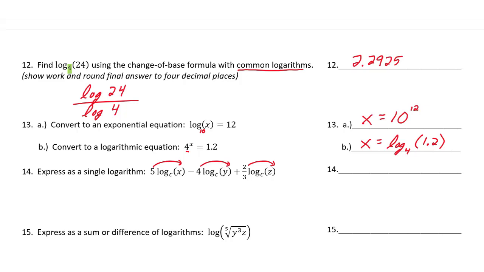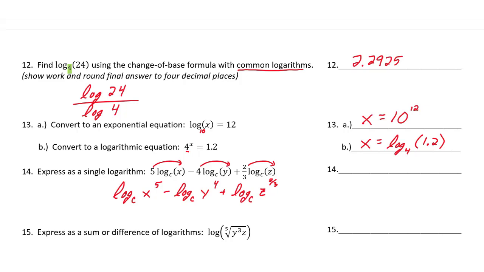For practice sake, I'll rewrite it in that radical form so you can see it. But this would turn into log base c of x to the 5th, minus log base c of y to the 4th, plus log base c of z to the 2/3.